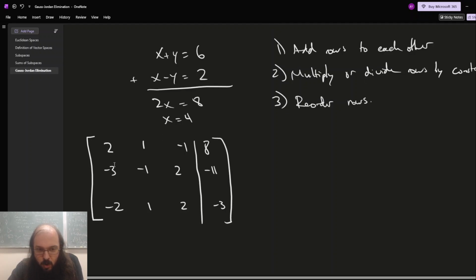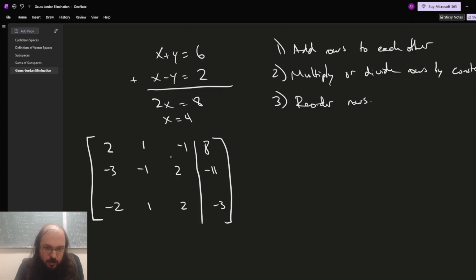So if I want to put a 1 in this first slot, I can think of a couple ways of doing that. I'm just looking it over to decide if any particular method seems particularly good or bad. The one that I see is, let me add equation number 2 to equation number 1.